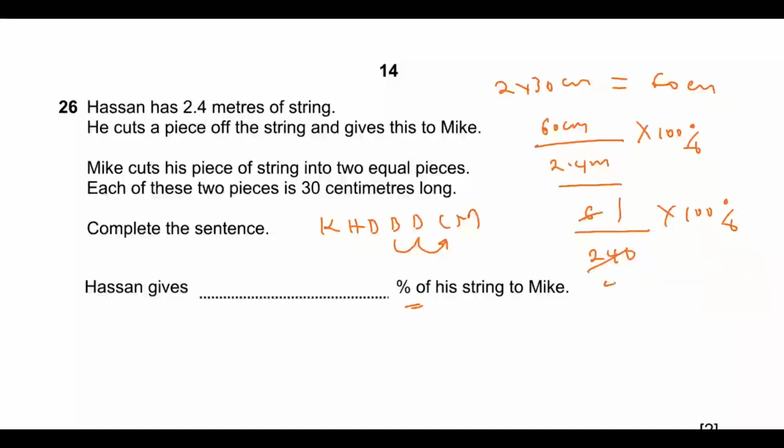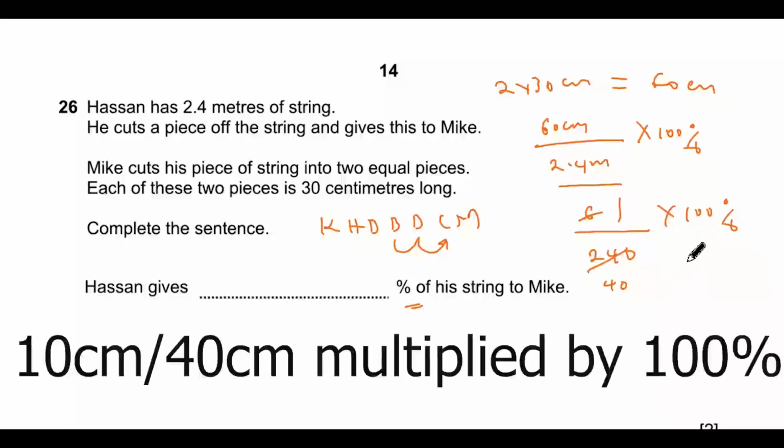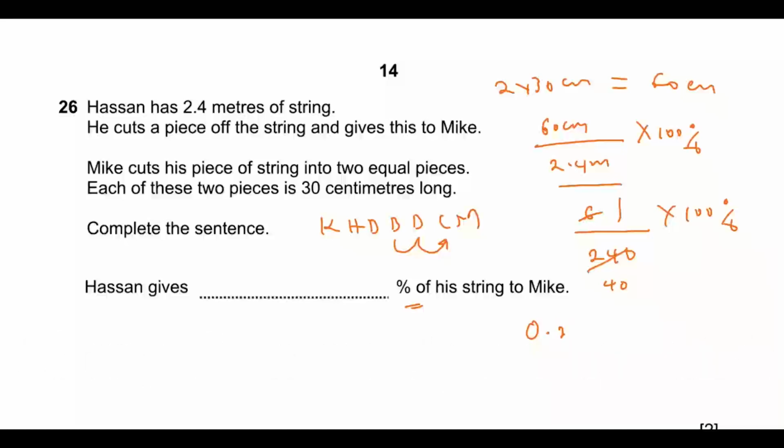So that means we're going to have 1 over 4, which is 0.25, multiplied by 100%. If you shift the decimal point 2 times, 1, 2, we are going to get 25%. So it gives 25% to Mike.